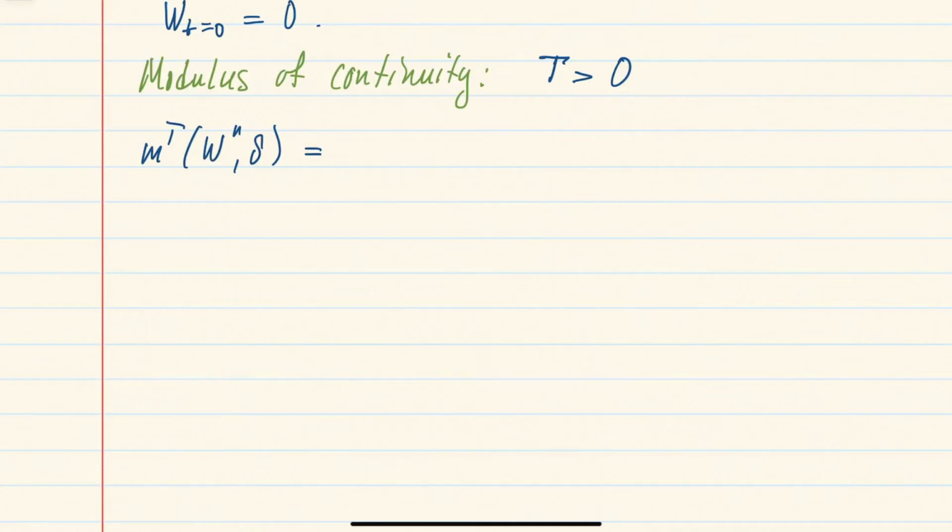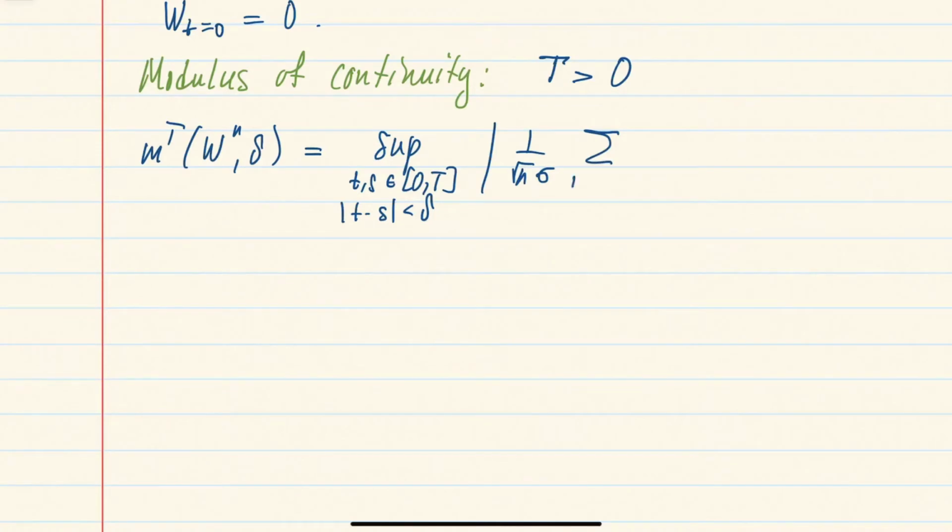So by definition, this is just the supremum over any two t and s in [0, T] within a distance delta from each other, of the increment of that process, which, again just for convenience if we ignore the linear interpolation term, will be just a sum between ns and nt of our random walk xi.